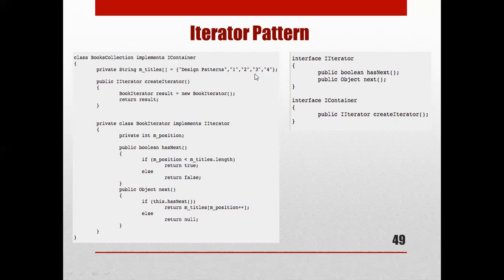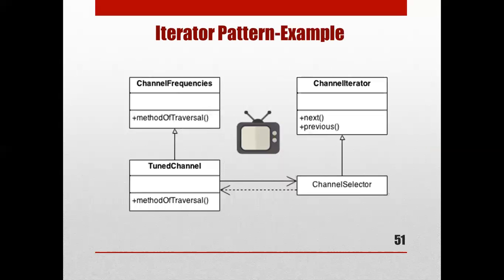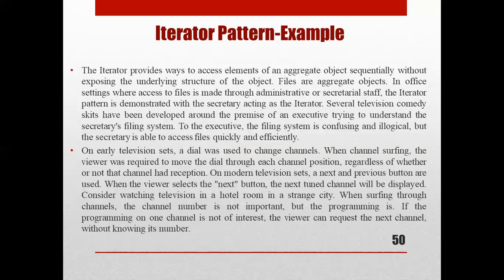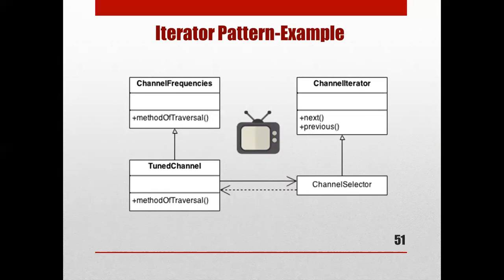We are going to see another example of the iterator. Here you can see the example of a television set with channel frequencies and a channel iterator. Here is the ChannelIterator interface, having next and previous. We change the channels with next and previous, checking hasNext, then previous. A channel selector lets us move forward. Here you can see the tuneChannel method of traversal, where we traverse the channel frequencies.